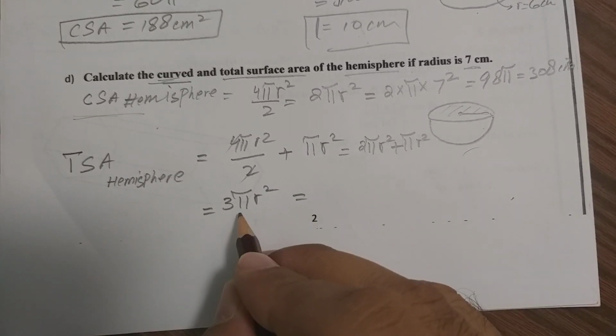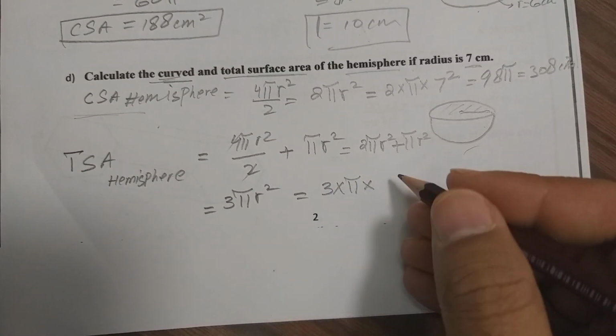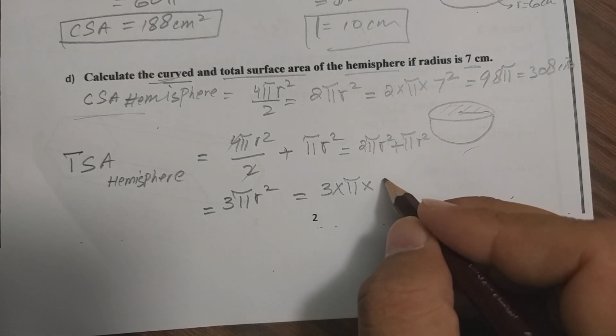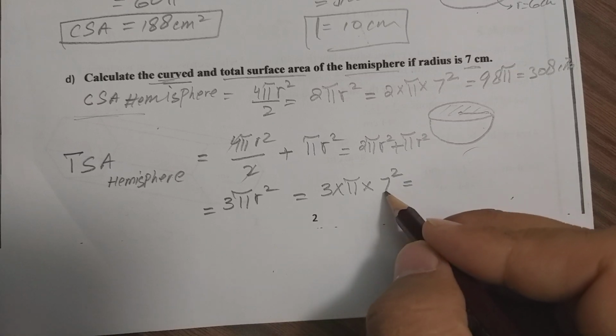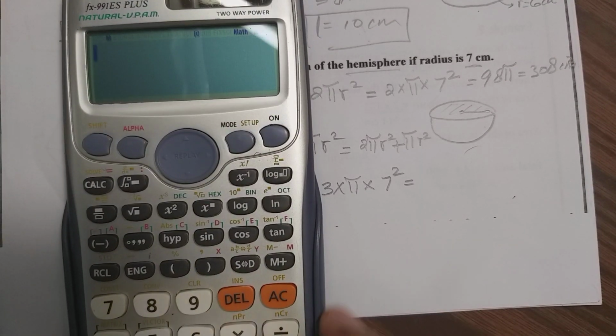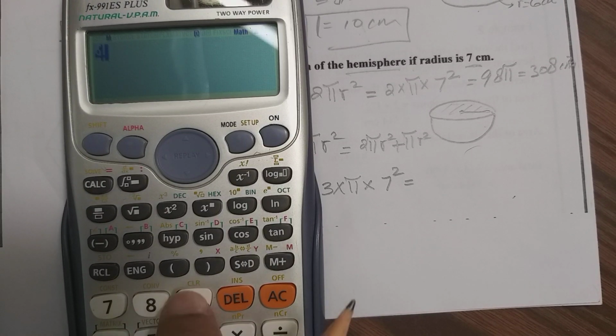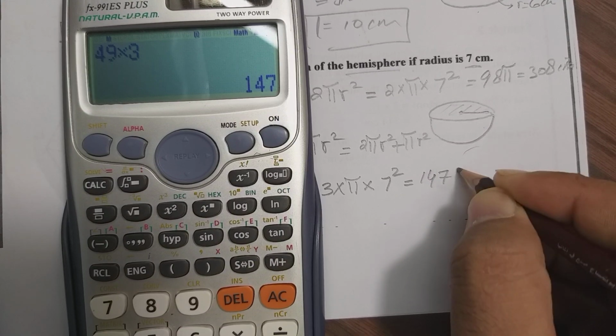So it becomes 3 pi r square, so 3 times pi times r square, which is 7 centimeter. So 7 square, simplify, it becomes 49 times 3, which is 147. So it becomes 147 pi.